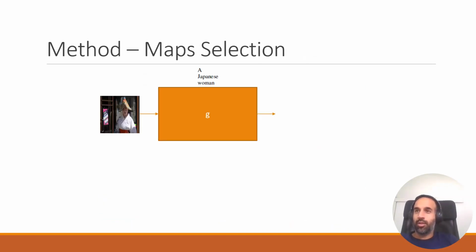So now let's look at how the pipeline works. We get an image and we use the G network, which is the state of the art of phrase grounding, and we generate an output map that is related to the text. Here we can see a Japanese woman, and we get the pixels that are related.